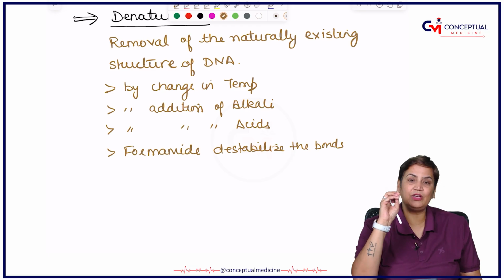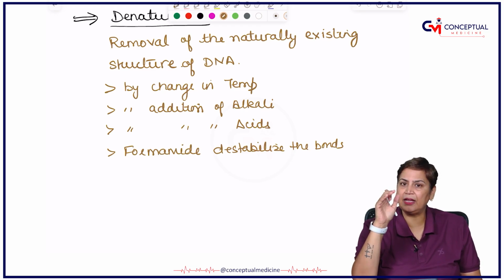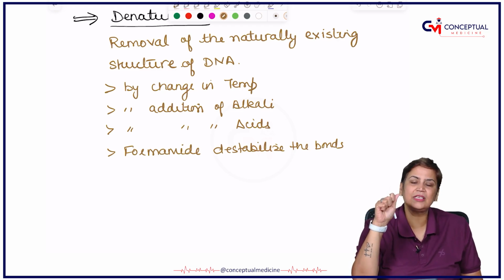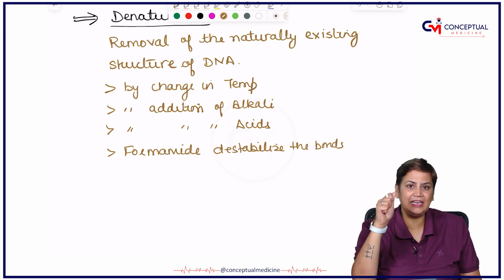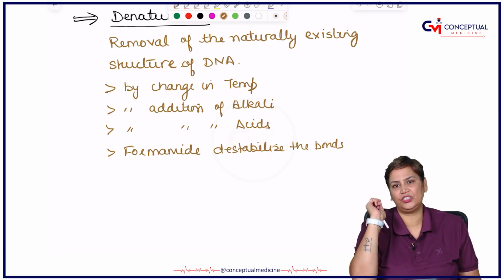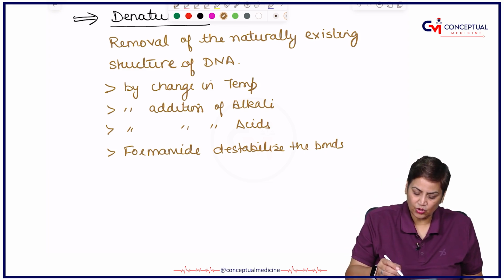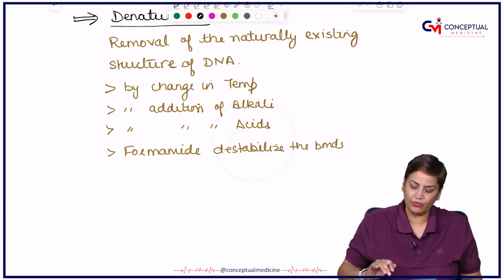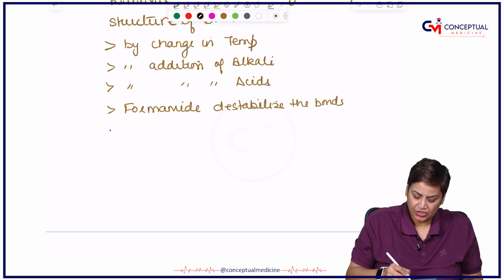So what we do is we try to bring the temperature down, thereby reuniting the DNA strands. That process is known as annealing, leading to renaturation, right? So there are two terminologies related to denaturation only. De means removal, then renaturation. What is this renaturation?